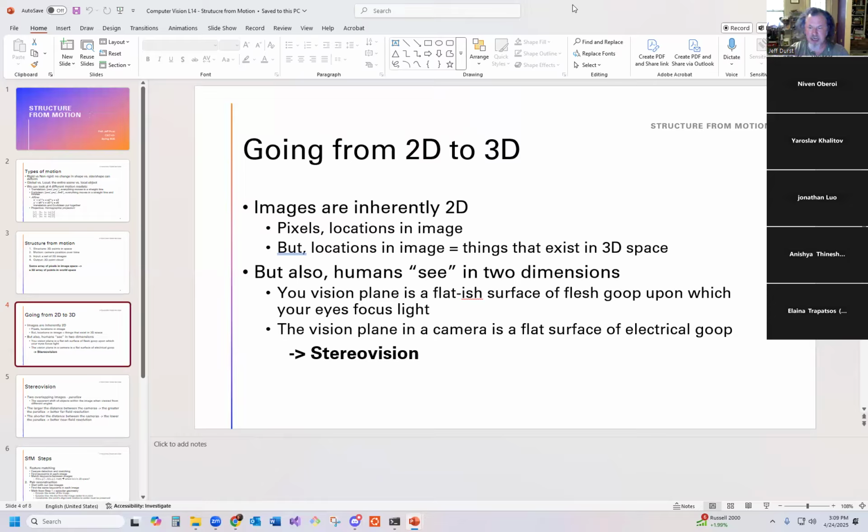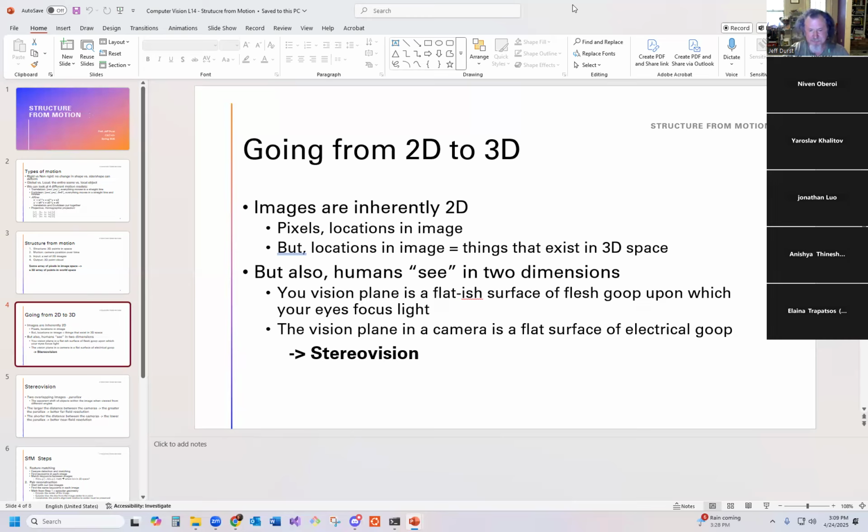And the idea of stereo vision is you have these two overlapping images, and you can find the relative position in each image, smoosh that together, and it will tell you essentially how far away from you it is.